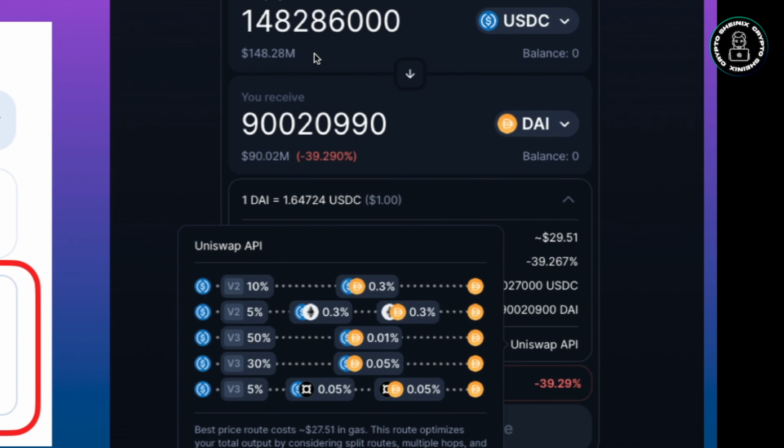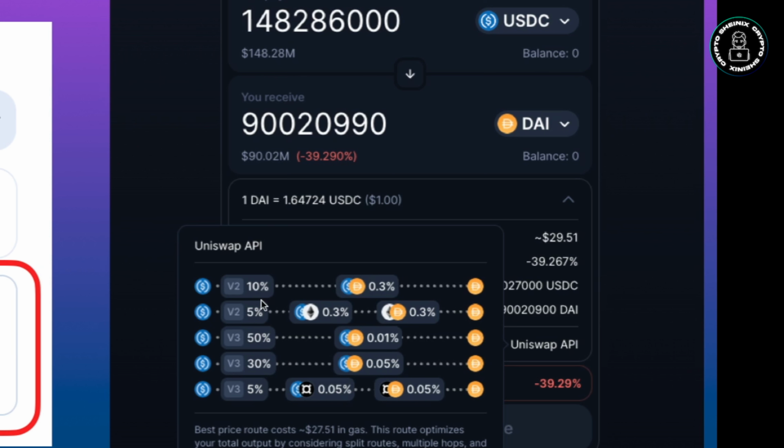And in this case, I want to do the opposite. I want to buy 90 million DAI with USDC, and it just can't provide me a good trade, really, because now I have a price impact of almost 40%, and I'm paying 148 million USDC for 90 million DAI. This doesn't make any sense.